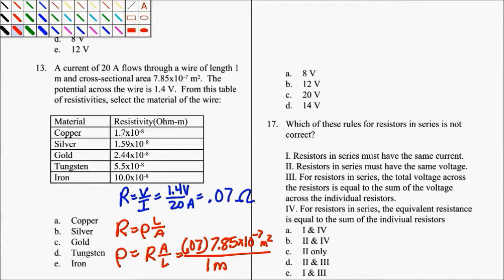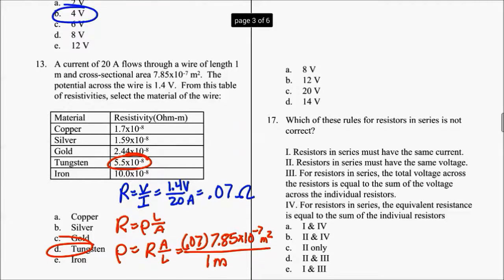And that'll give me the answer. I get 5.5 times 10 to the minus 8. That is the same as for tungsten. So tungsten is the right answer here.